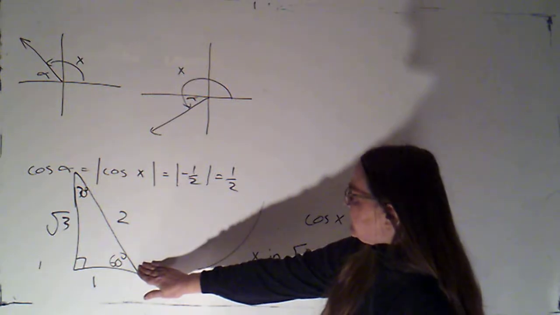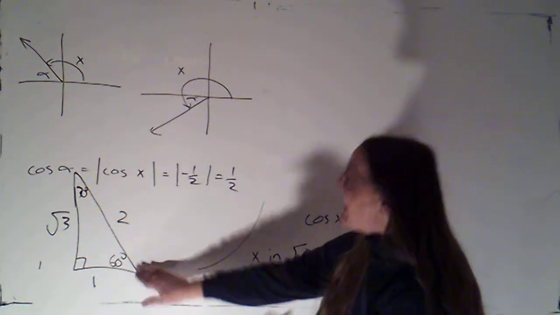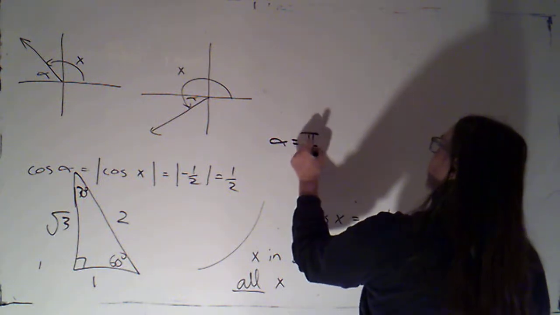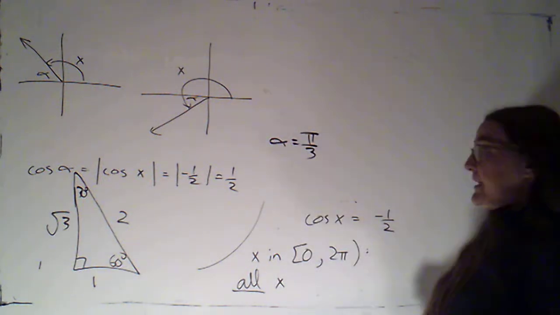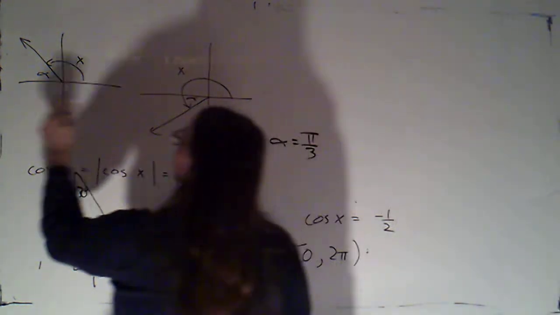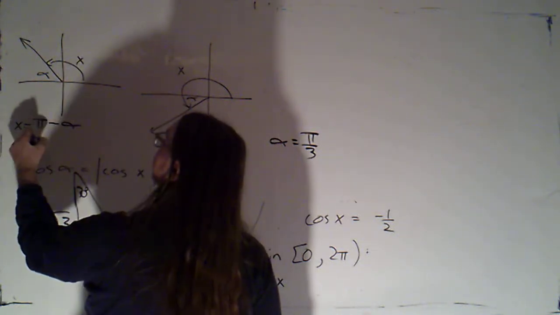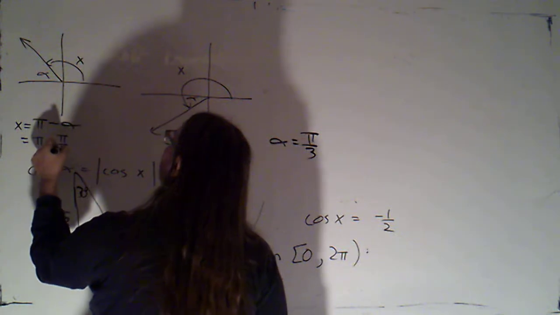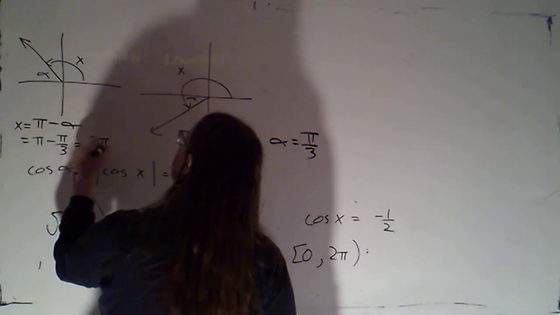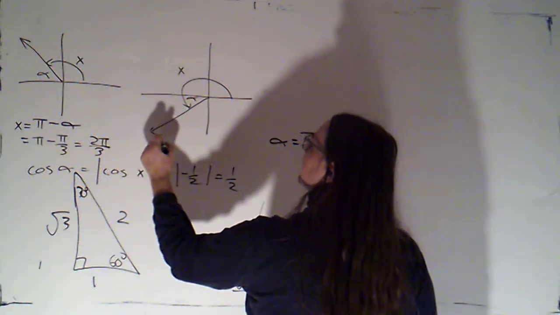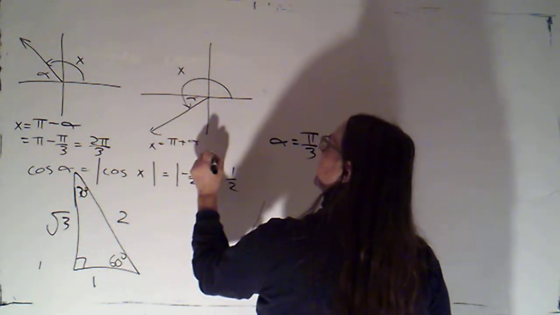Okay, so let's see. I said it's a 60-degree angle, but in radians, that would be pi over 3. So alpha, my reference angle, is pi over 3. So here, x I can see is just pi minus alpha. That's going to be pi minus pi over 3, so that's 2 pi over 3. Here, x is pi plus alpha.